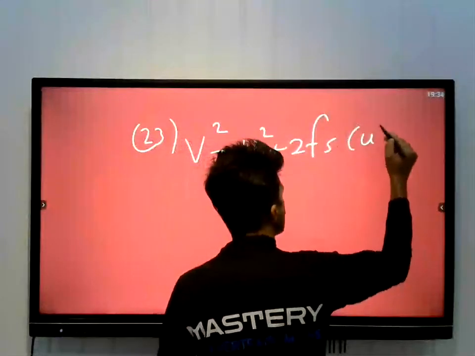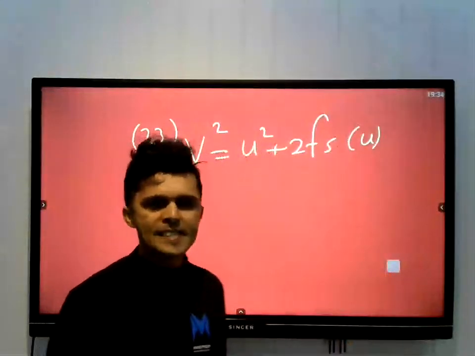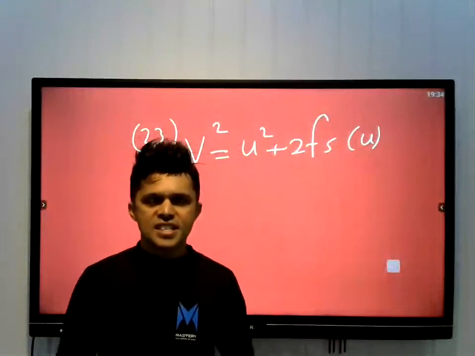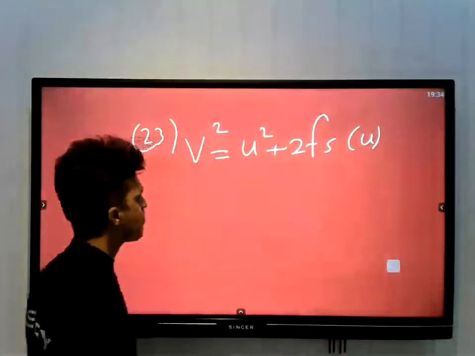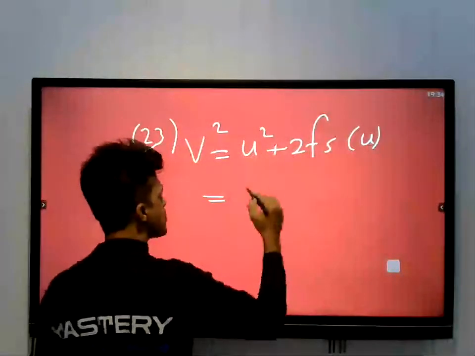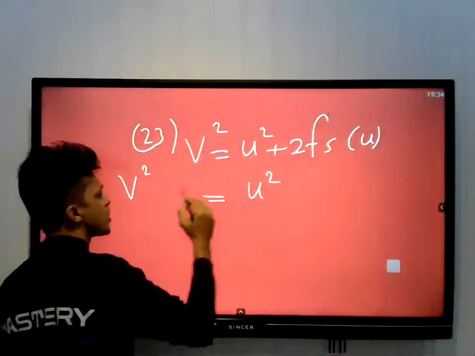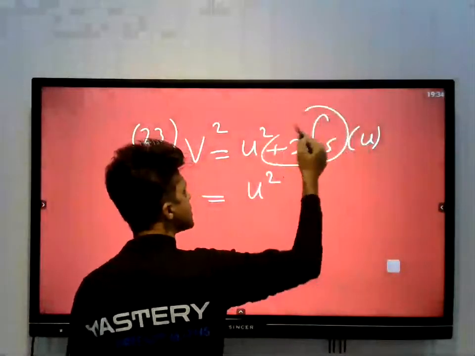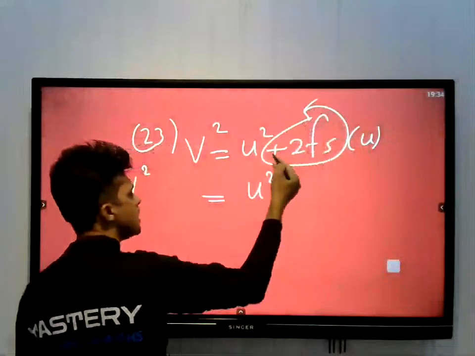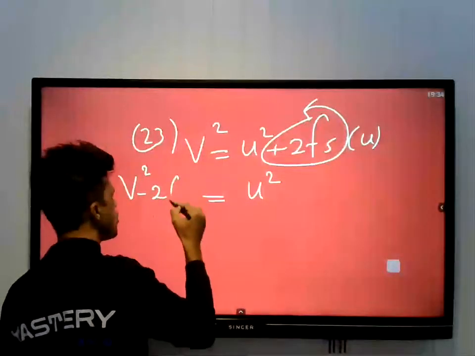Let's write the term u as the subject. U squared equals v squared, this whole segment is brought to the other side, this plus becomes minus 2fs.